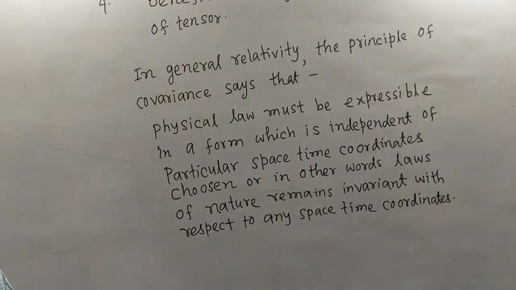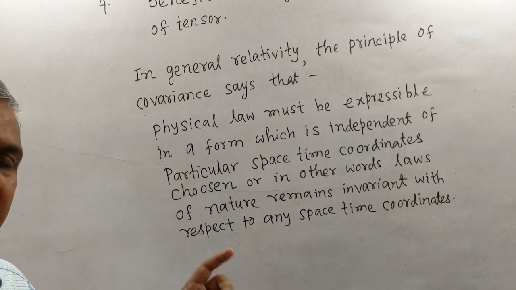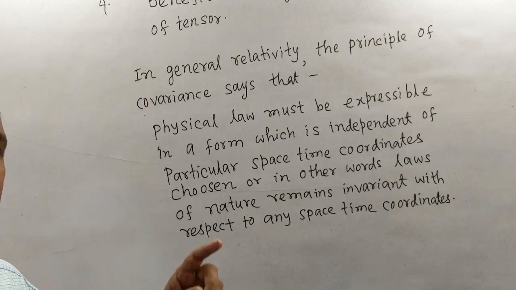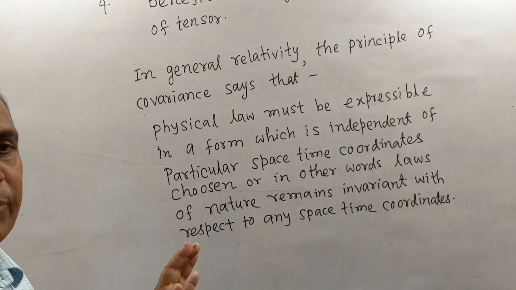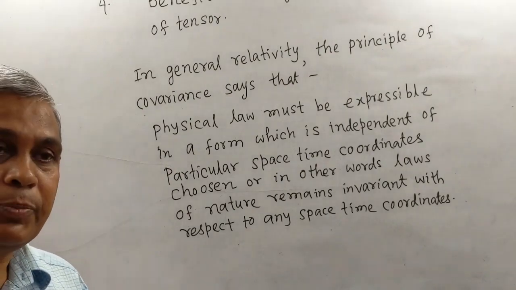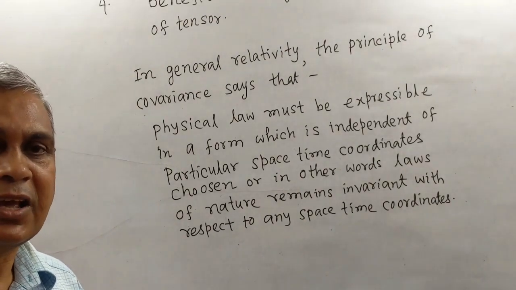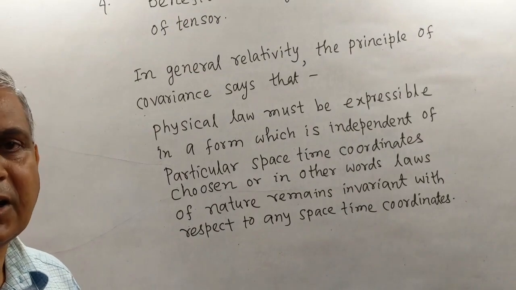That is, if any property holds in one coordinate system, then that property must hold in other coordinate systems. Only tensors play an important role in holding these properties. For this reason, Einstein used tensors as a tool in his general relativity. Now we shall discuss the properties one by one.